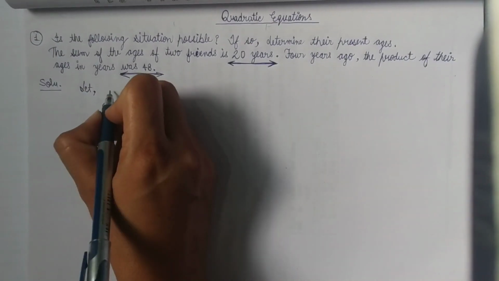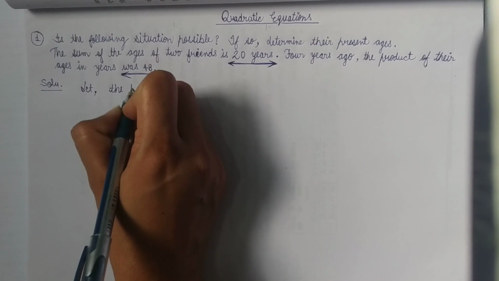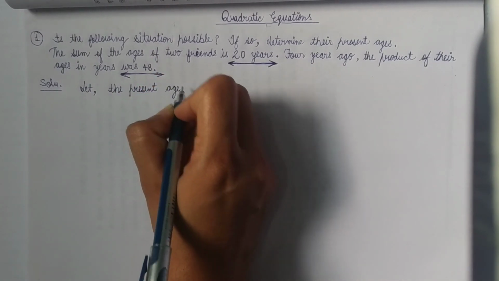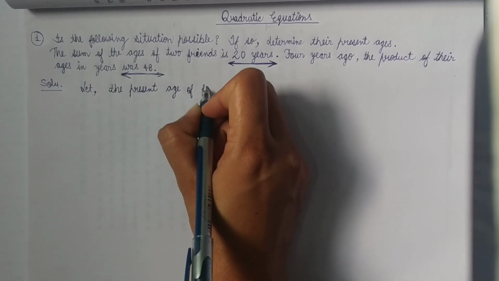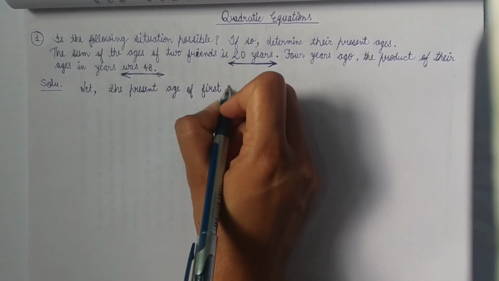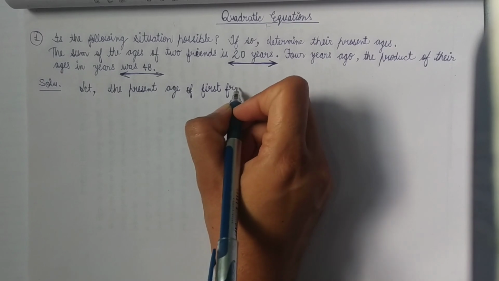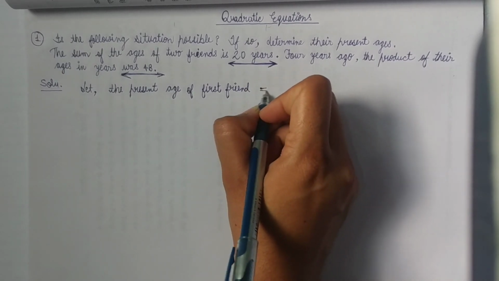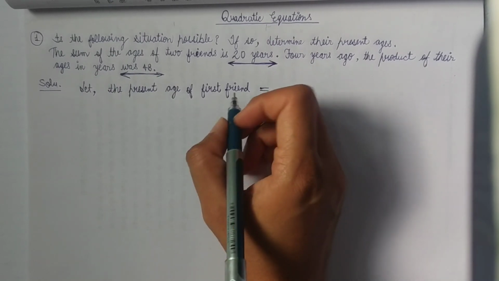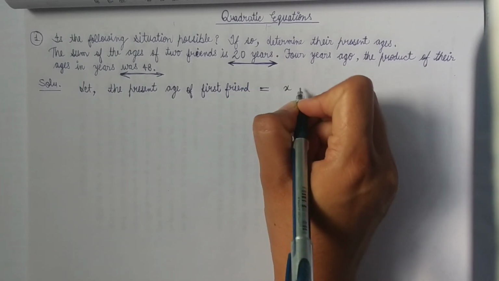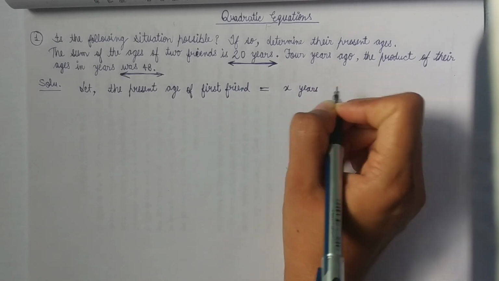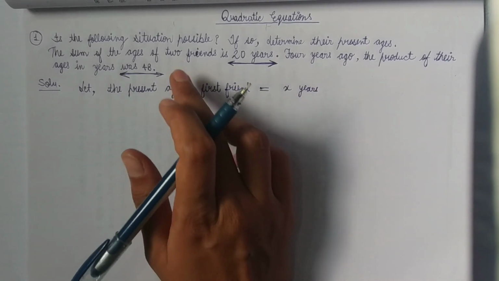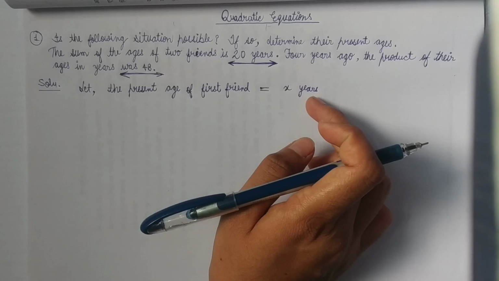So let the present age of first friend, one friend भी लिख सकते हैं, be x years. We will consider the present age of one friend as x years, right?